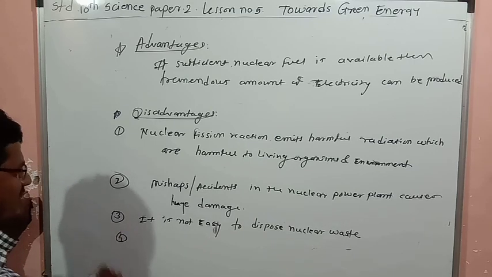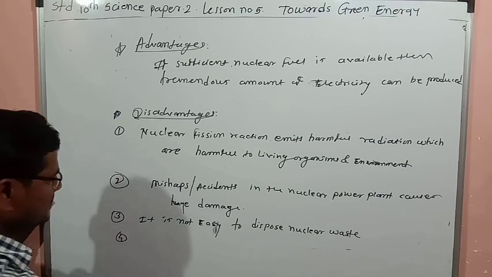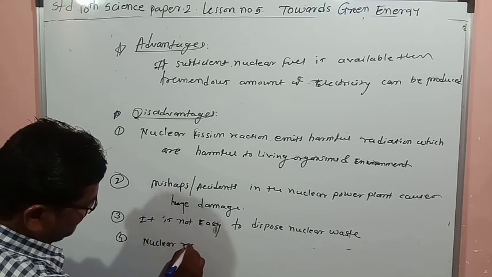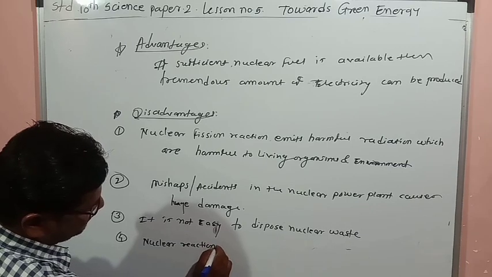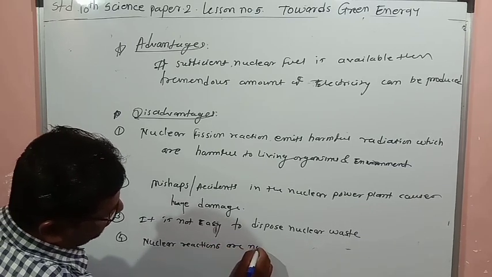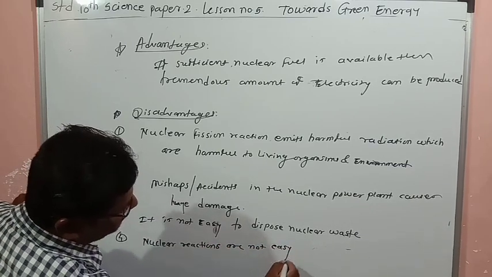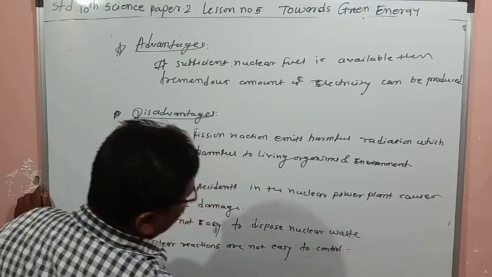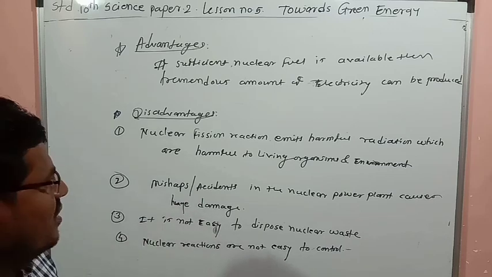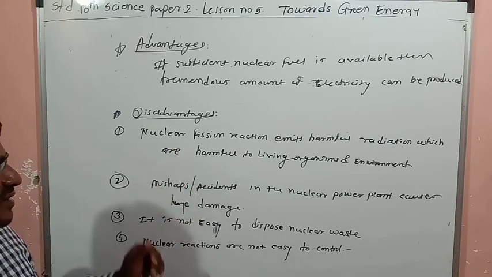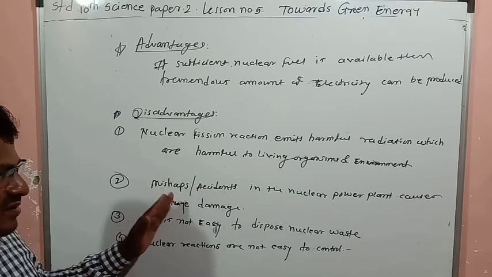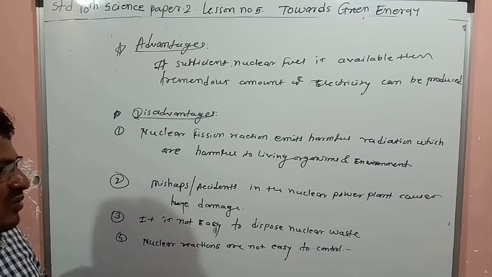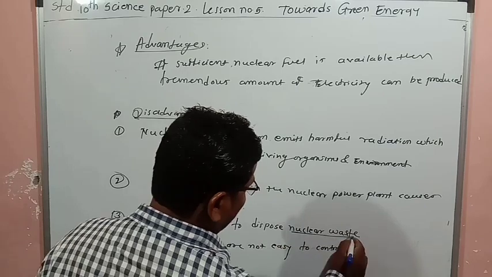And the fourth point, nuclear reactions are not easy to control. So harmful radiations are emitted, accidents cause huge damage, and disposal of nuclear waste is difficult. These are the problems.